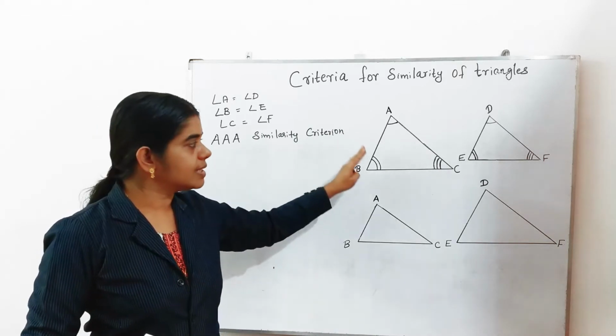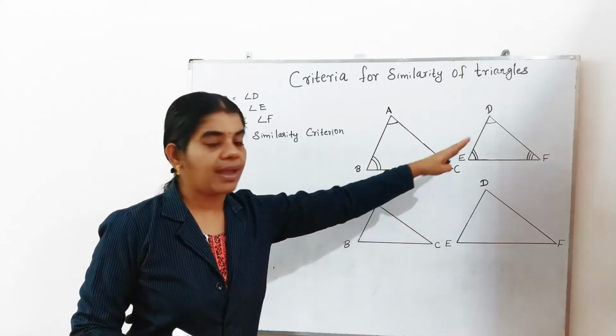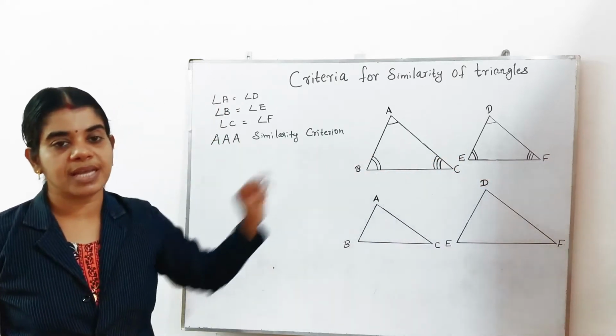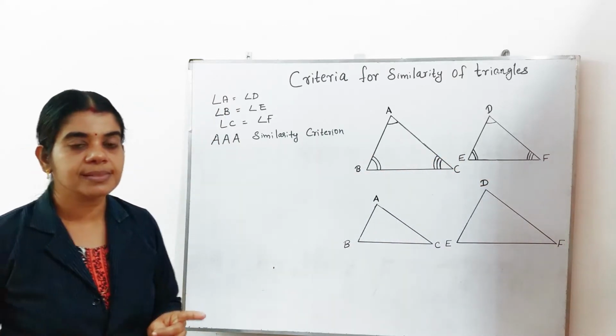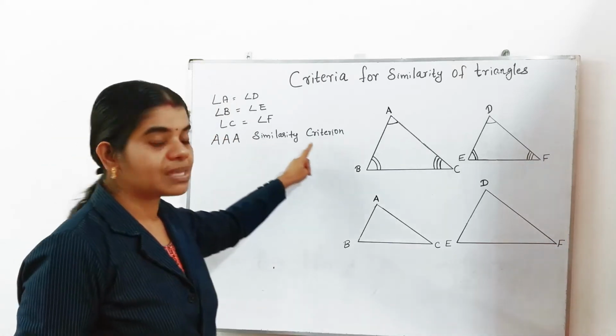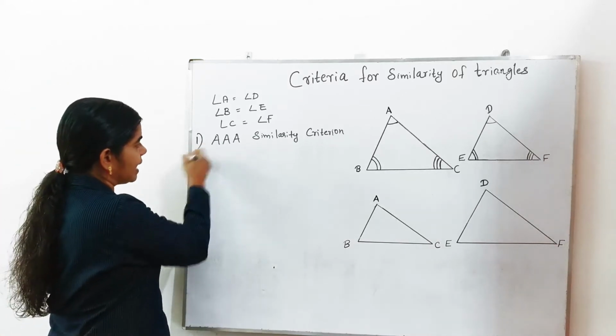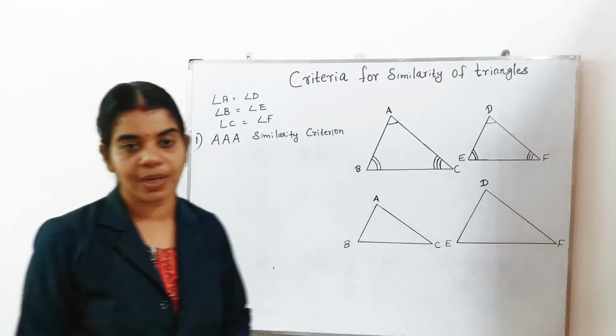That means if the three angles of one triangle are equal to the three angles of another triangle, the two triangles will be similar. So our first rule is the AAA similarity rule.